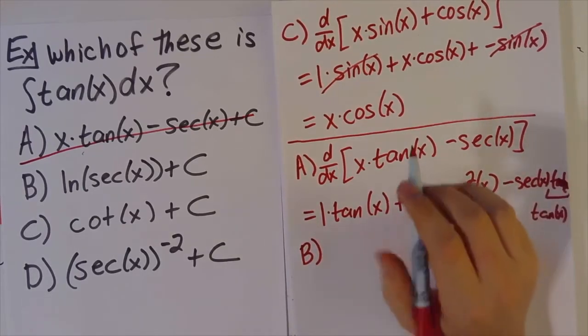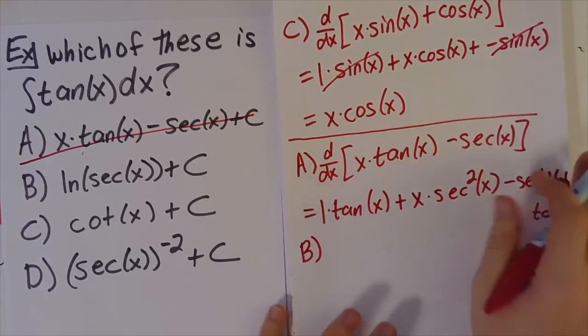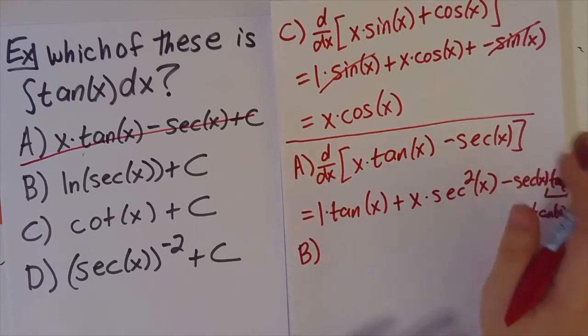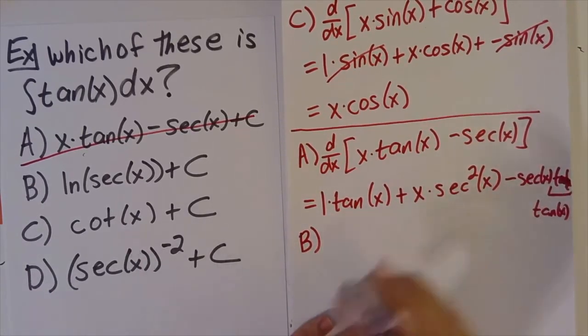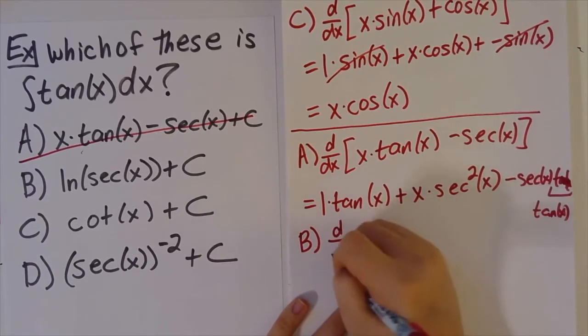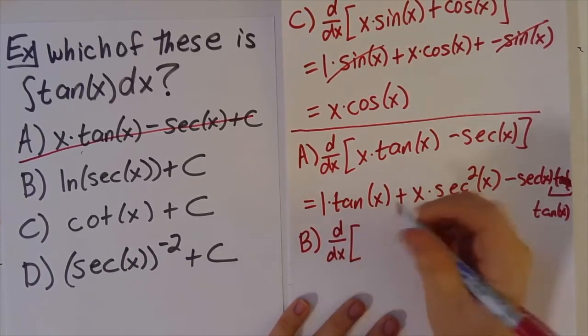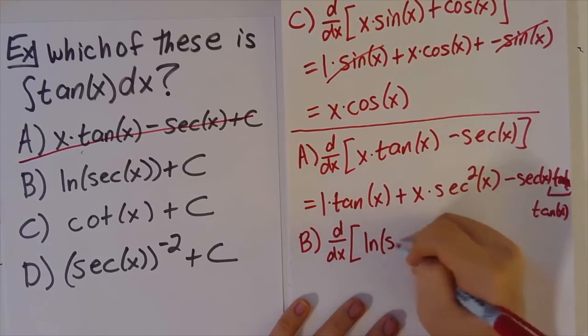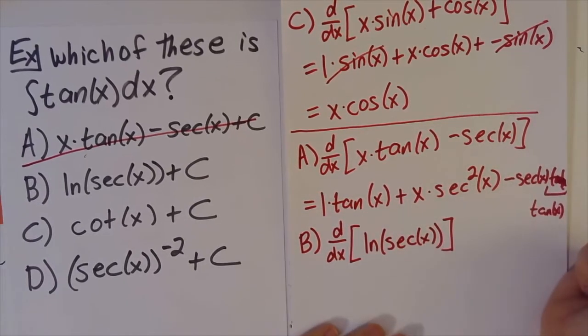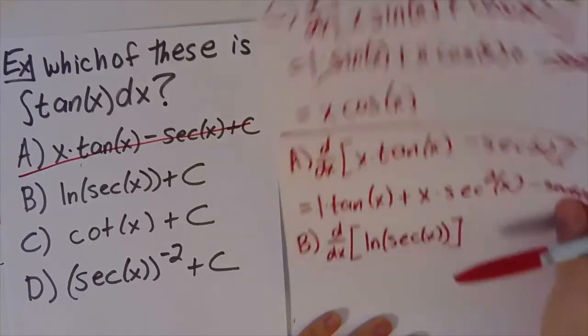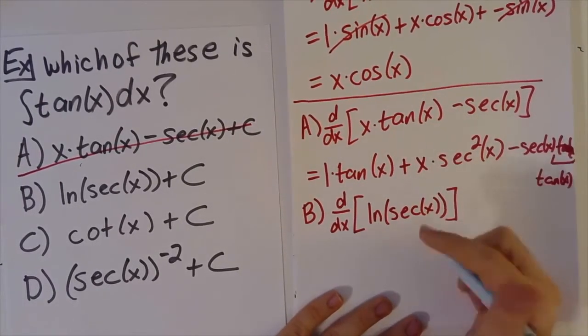Well, I guess I no longer have faith in my ability to guess which one of these answers it's going to be. So let's just try B and see if it works out. Here we need to take the derivative of the natural log of the secant of x. In order to take this derivative, remember I'm going to need the chain rule because I've composed 2 functions.